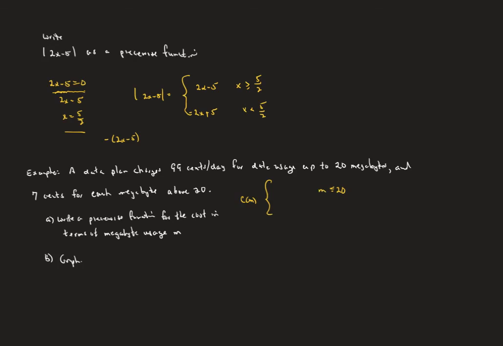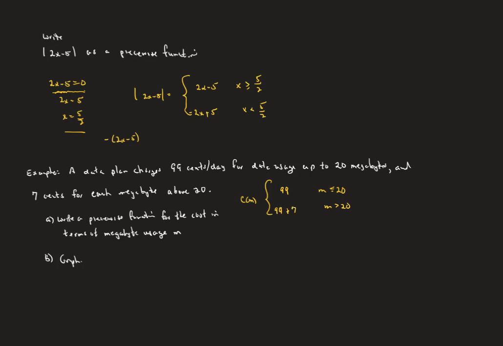So when the megabyte usage is less than or equal to 20, then we're just going to pay that 99 cents. I'm going to leave the cost in cents rather than writing that as 0.99, although you could. Now, once we get above 20, this is where it gets a little tricky. We're still going to pay that 99 cents for the first 20 megabytes of usage.